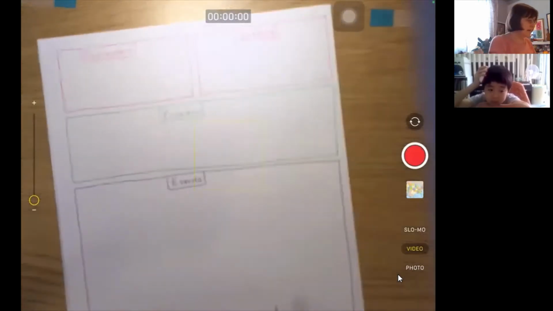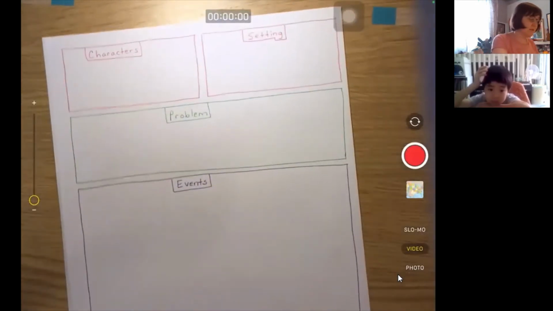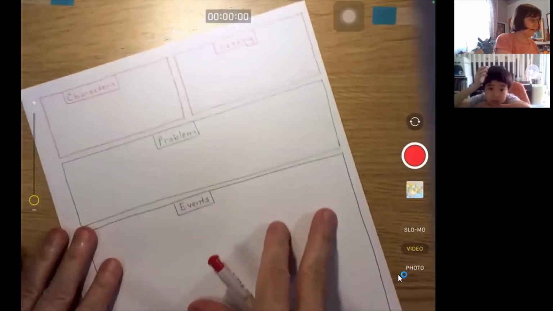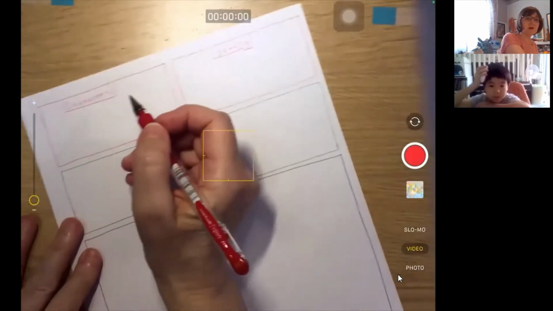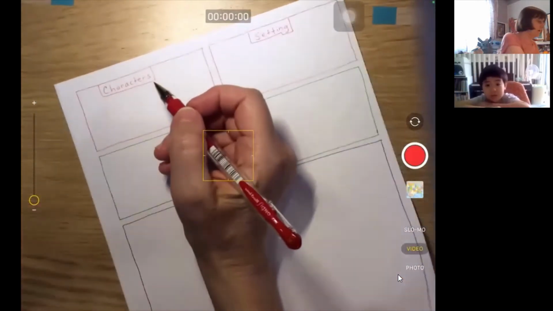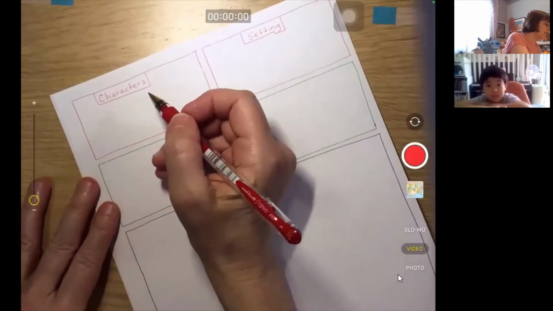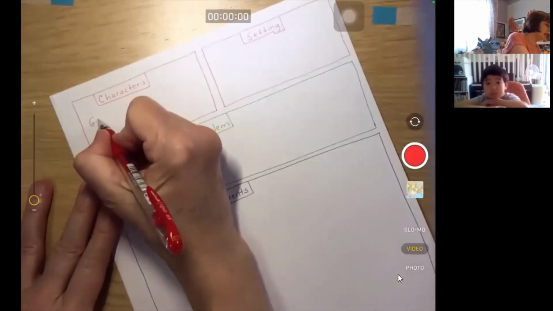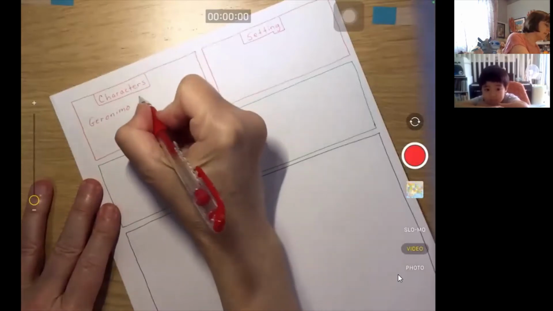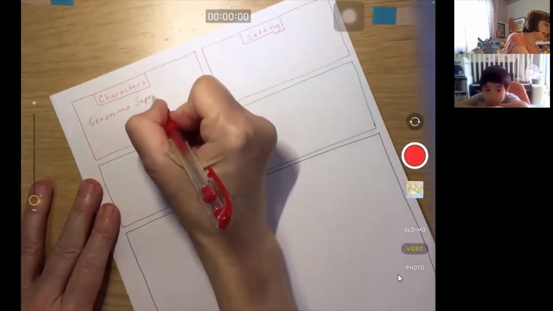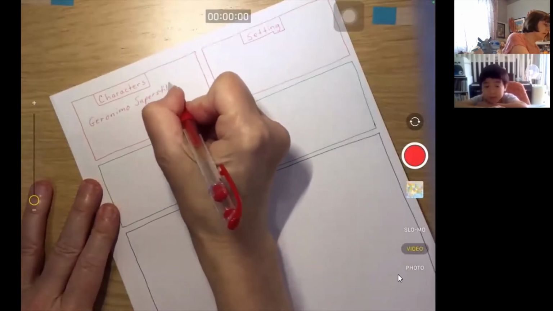So let's go ahead with characters. And we'll write down the names of the Heromice first, okay? So let's see here. We have Geronimo, Super Stilton, correct? Yes.